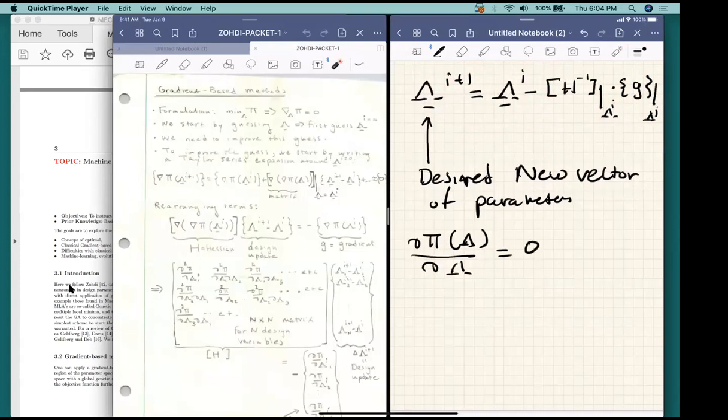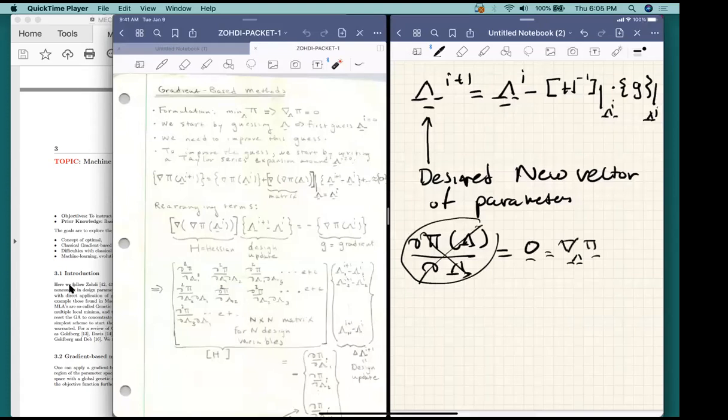Now, there are a number of things here that I've glossed over. Number one, this is, of course, a vector-valued thing, so this is really the gradient of pi. So again, it's many of these equations that are equal to the 0 vector, so we shouldn't think of it as one dimension. But there are a couple of other things that are annoying about this method.